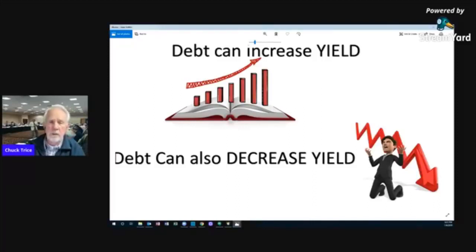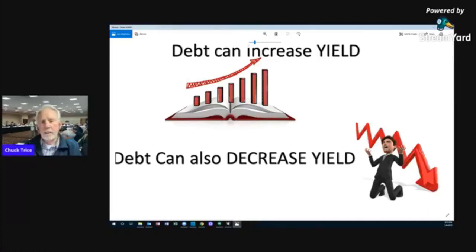When the sellers are trying to sell these buildings for a 4, 5, or 6% cap rate, that means the price is very high. And so the only other way you can get your yield, which is different than cap rate, is to ask for a higher cap rate, or ask for a rent increase, and hope that you can lower the expenses by good management and good maintenance on the property.